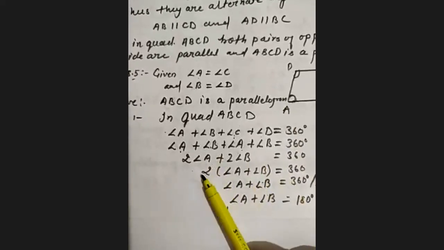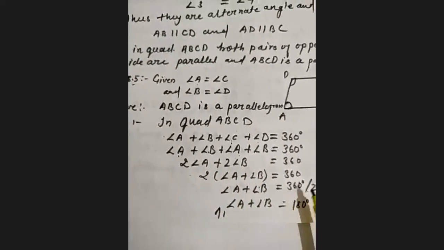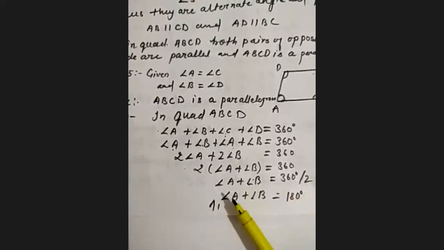So here 2 angle A plus 2 angle B. Then 2 you take common. Then 2 here multiplication में है, opposite side में जाएगा तो division में चला जाएगा. Then here angle A plus angle B is equal to 180.